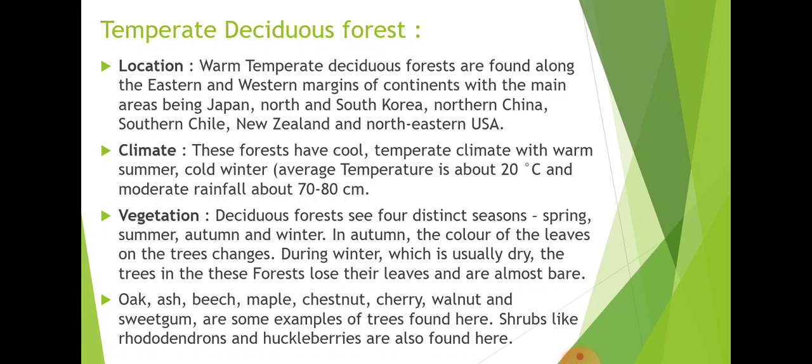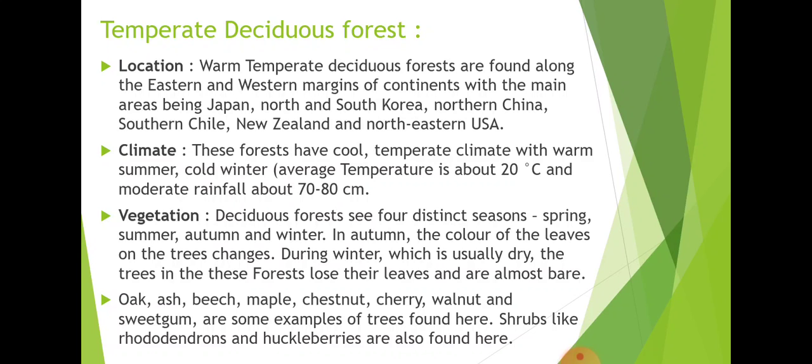This is where the temperate deciduous forest is found. What is deciduous? I had explained already. Deciduous is those types of trees or forest where the trees shed their leaves for a particular period of time to lessen the requirement of water.